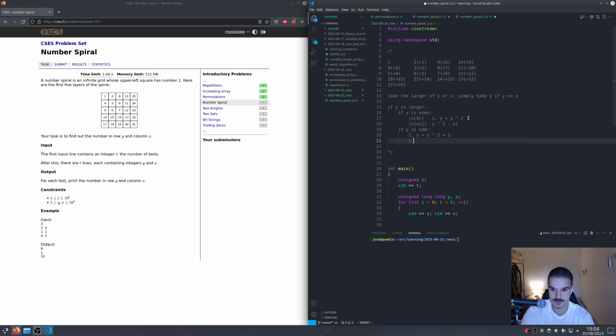So then xy would be y squared plus 1, and we probably want to parenthesize that, plus x. I think.